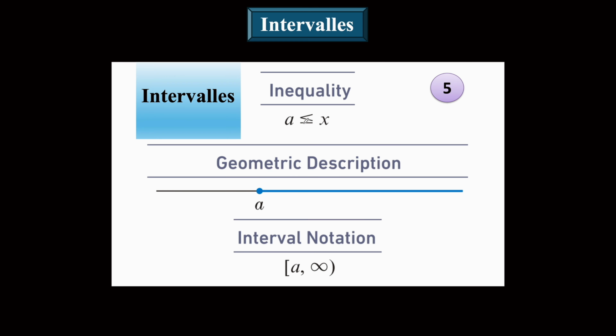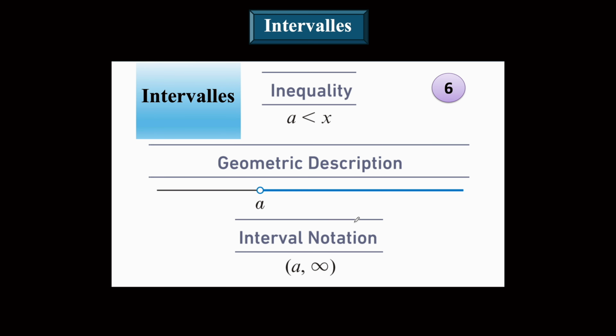Now from a is smaller or equal to x. This means from a included until infinity. All those points are solutions. So interval notation for that, from a included until plus infinity.